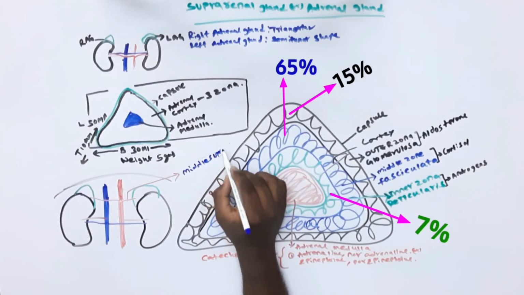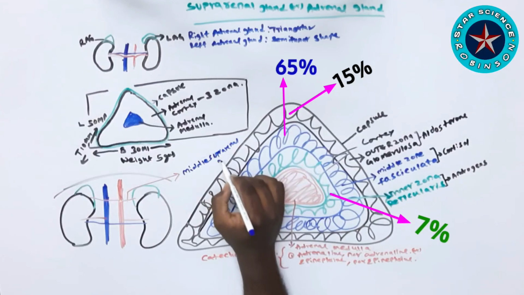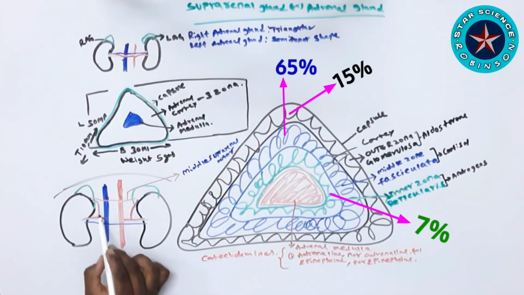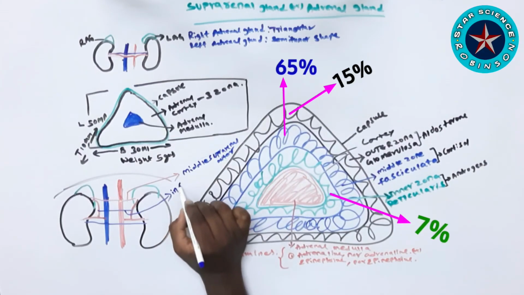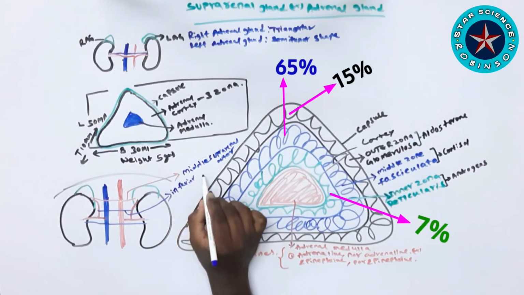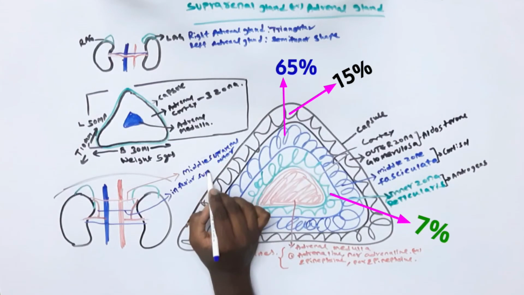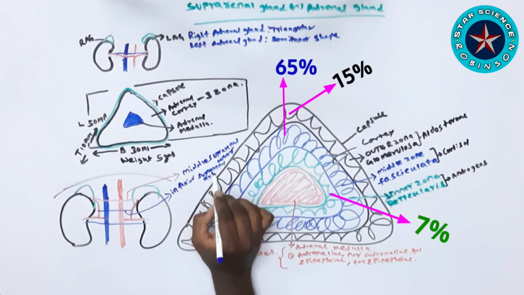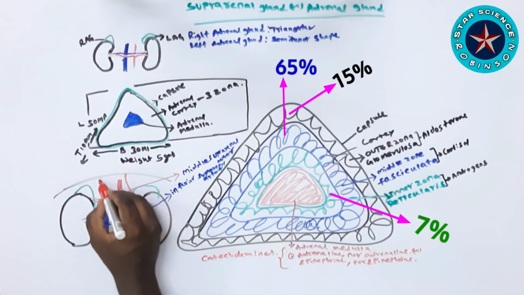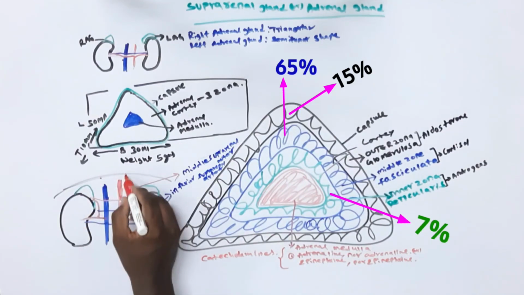Now we are going to see the blood supply. Directly from the descending aorta comes the middle suprarenal artery, with a direct connection to our adrenal gland. The inferior suprarenal artery is from the renal artery, not from the aorta.